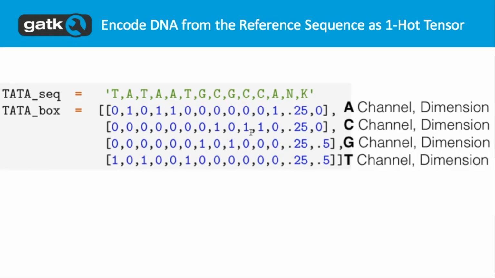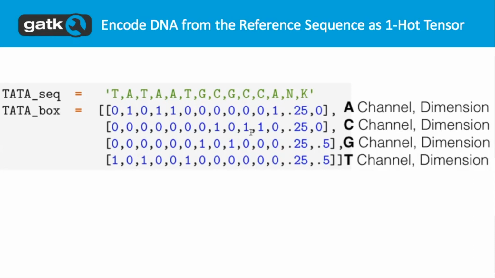One of the most natural ways to represent it is using one-hot encoding. So every base will be represented using these 4 channels, A, C, G, T. A T base will be just a bunch of zeros and 1 in the T channel. An A base will be a bunch of zeros and 1 in the A channel.